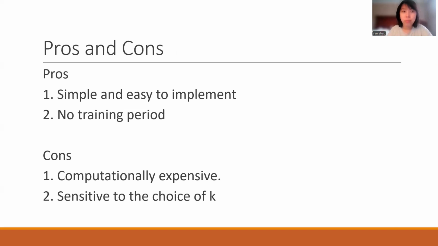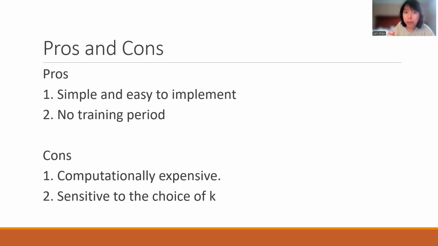But there are also some disadvantages. The first one is the cost of computation. It could be very, very high if we have a very large training data set, especially in a real world project. For KNN, for each testing data point, we need to compare it with all the elements in the training data set.